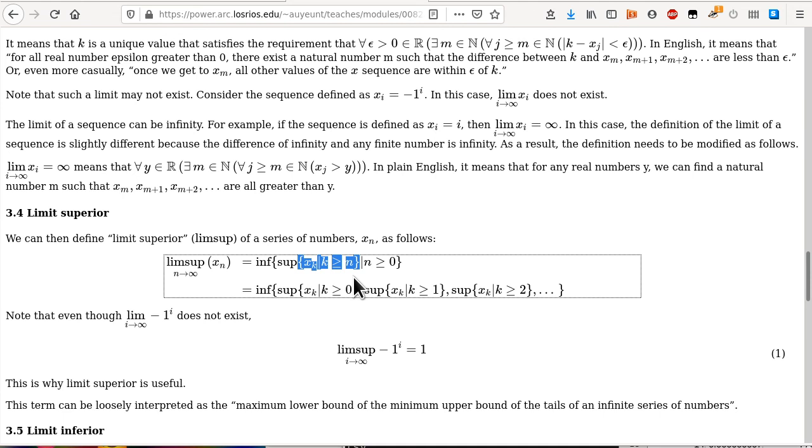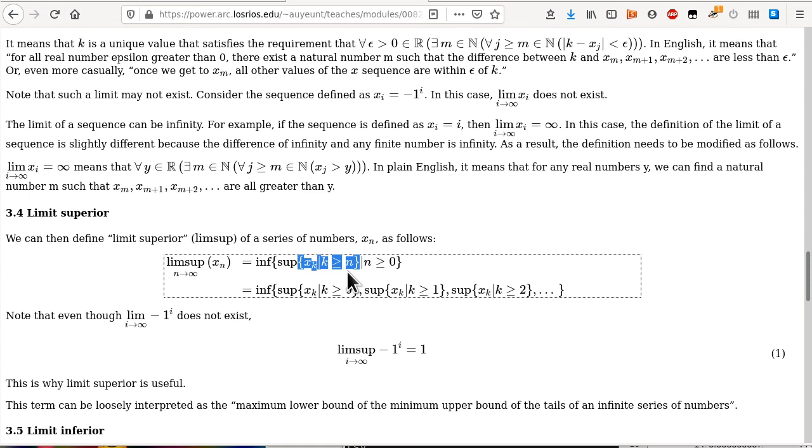Okay, so are we convinced that the highlighted portion is really just a set? Is that okay? It's a set that is a subset of the infinite sequence. Is that okay? All right.